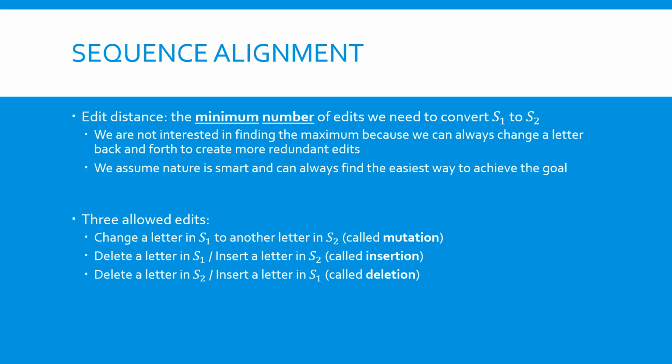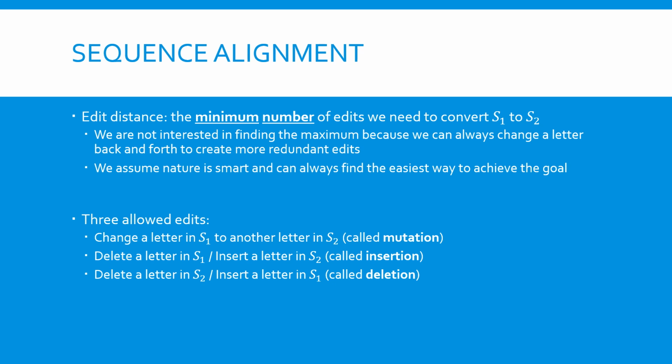Second, there are three specific types of edits allowed in this context. The first type of edit is called mutation, which changes a letter in S1 to another letter in S2. The second edit is called insertion, which inserts a letter in S1.